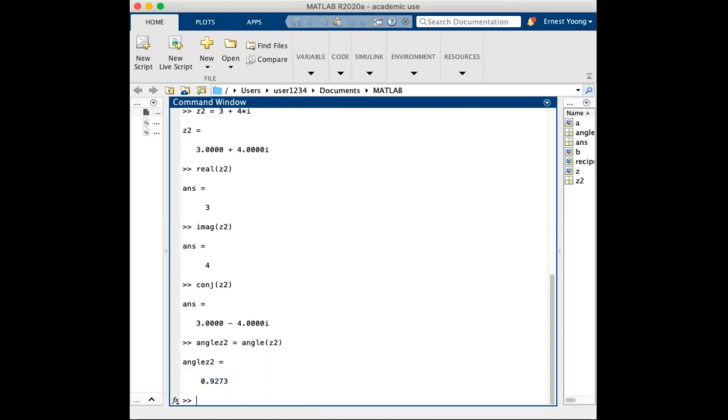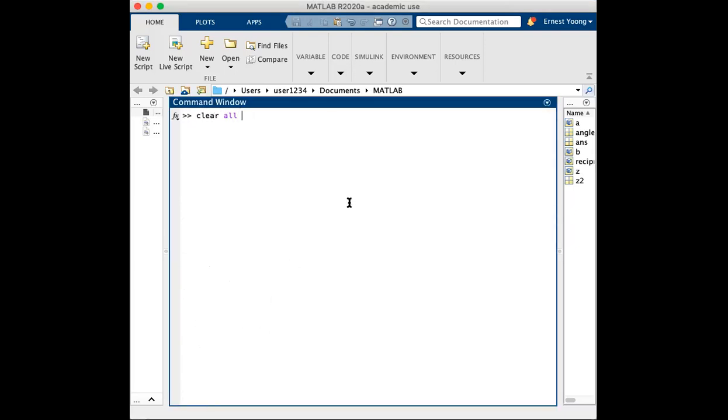Okay. And next, we're going to plot a graph for this. Let's say the magnitude of conjugate Z minus 3 is smaller or equal to 2 times the magnitude of Z plus 3.